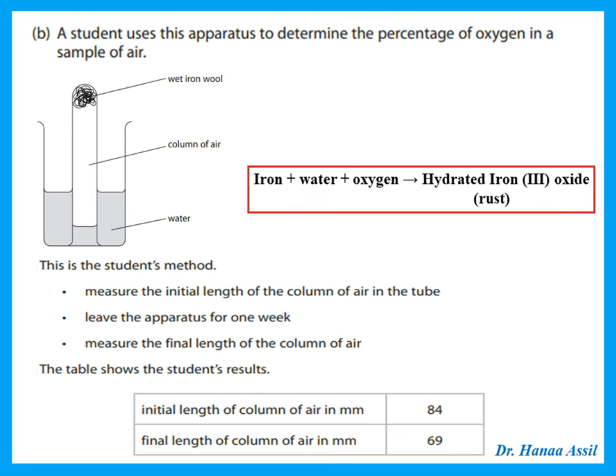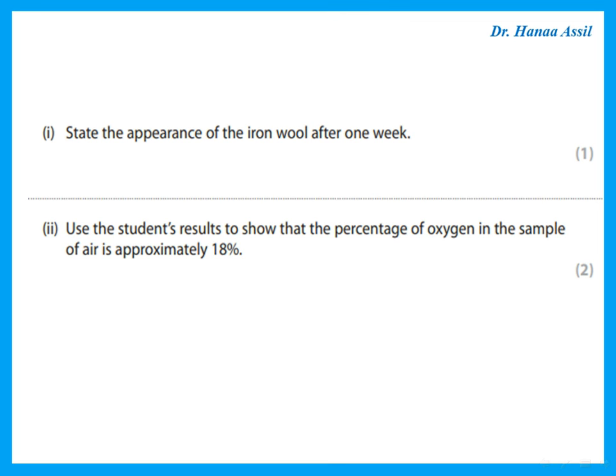So he is giving me results that the initial length of the column was 84 millimeters. Now, after the iron has used up oxygen from the tube, the final length of the air is 69 millimeters. So, first of all, state the appearance of iron wool after 1 week.